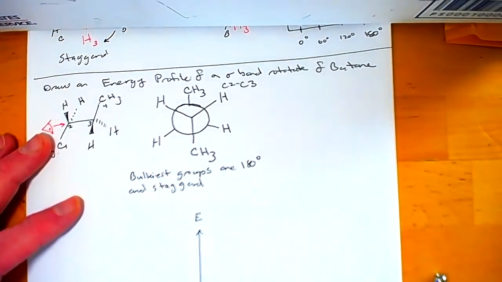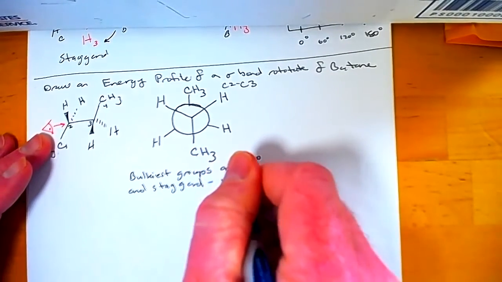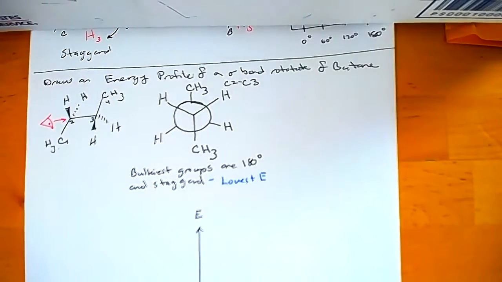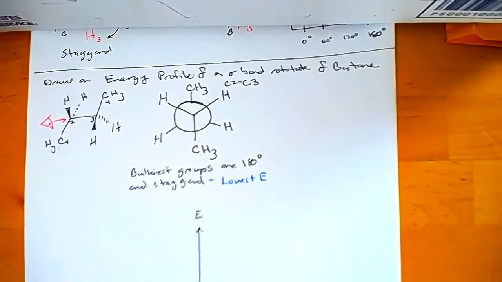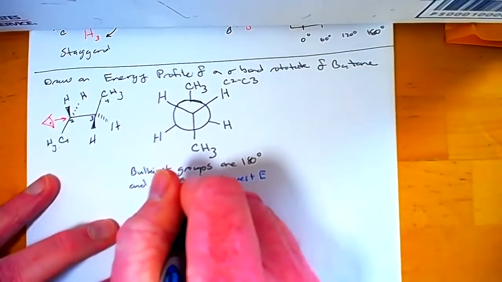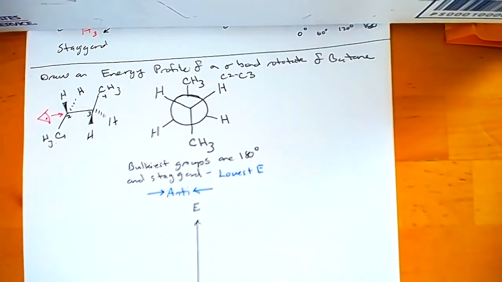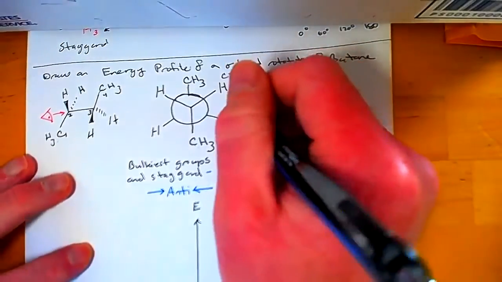Okay, when this occurs, this is basically a global minimum. That's going to be your lowest energy point that you have in this particular compound. Okay, this particular conformer is your lowest energy conformer. And this is what's referred to as the anti-conformer.